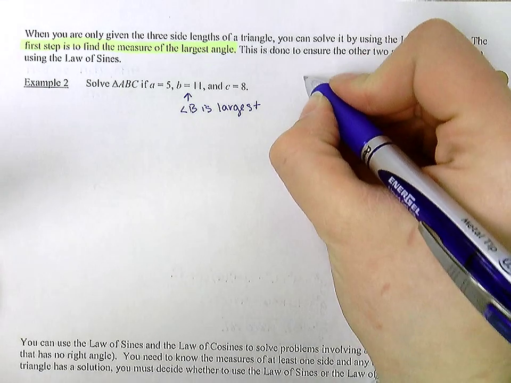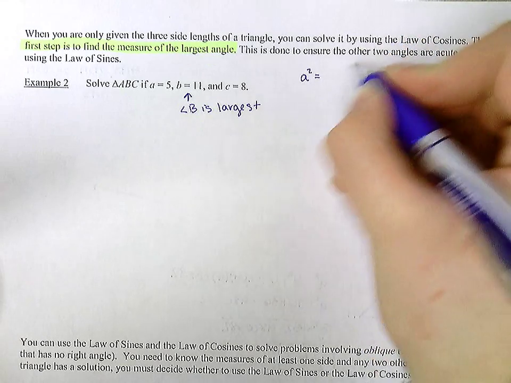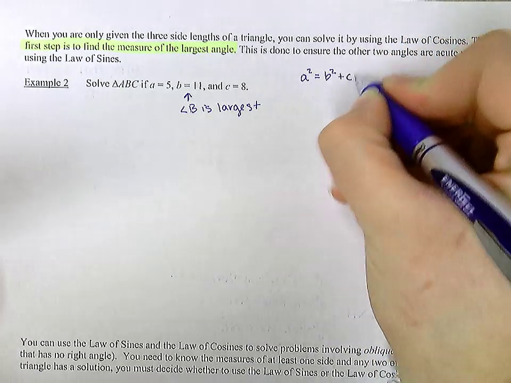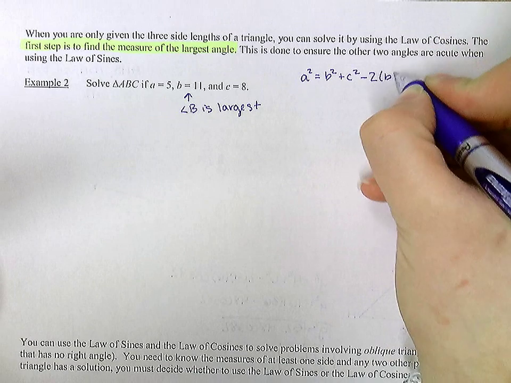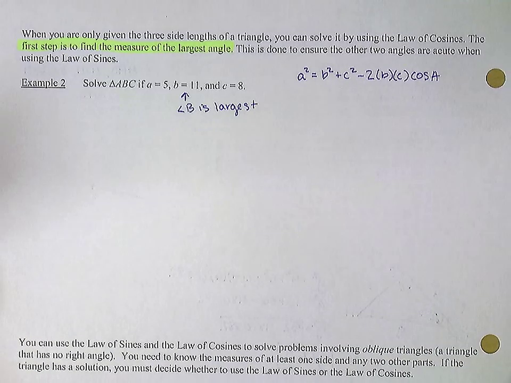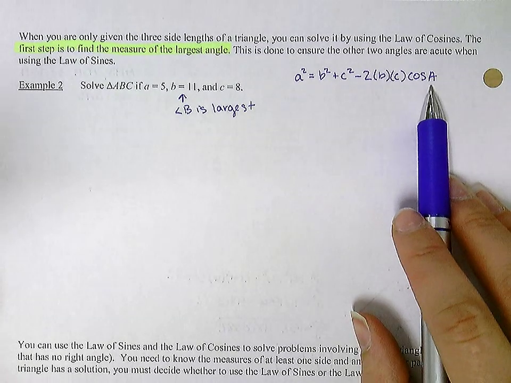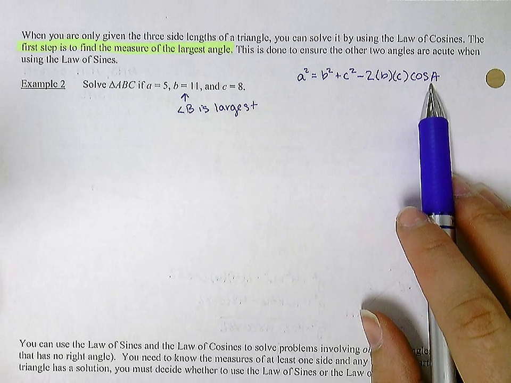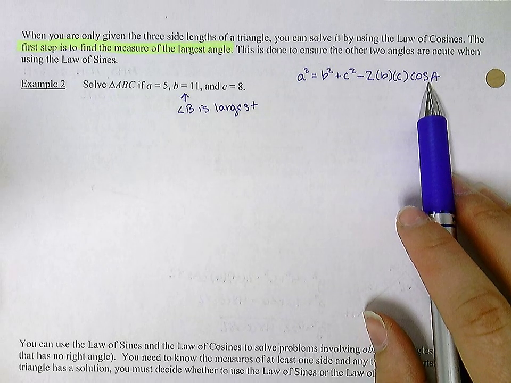So still using my formula from the front. Okay, so this is your law of cosines. Just using this formula. Now, since I'm finding angle B, angle B has to go in this spot, right?